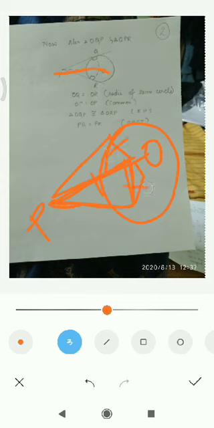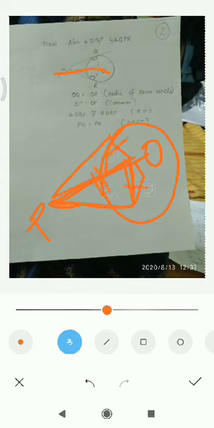And then OP is equal to OP, because for this triangle there is OP, and for this triangle also there is OP. So OP is common for both the triangles, so this is also equal. This one is equal, this one is equal, the second thing is equal.